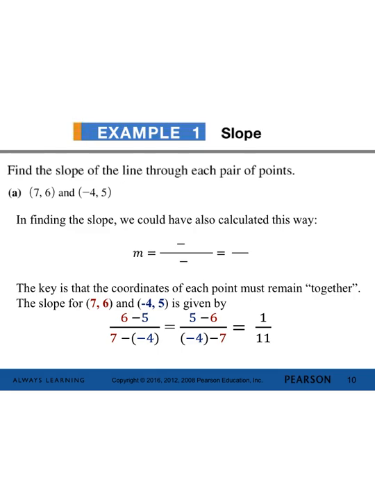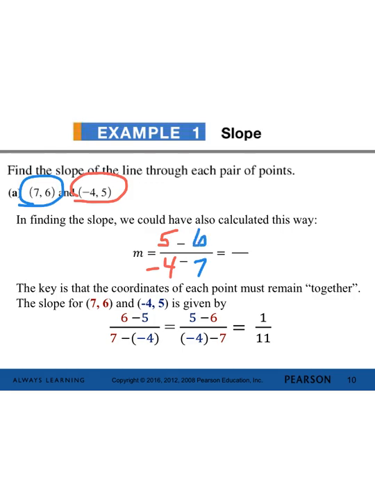Now, I want you to keep in mind that I could just as easily have counted it the other way. I could have said that I was going to begin with the negative 4, 5. So negative 4 was the x value, and 5 was the y value. And then on the other end, I would use the point 7, 6. So the x value is 7, and the y value is positive 6.